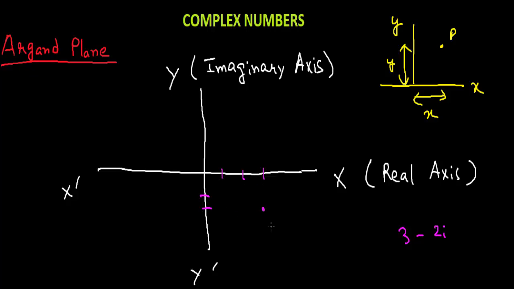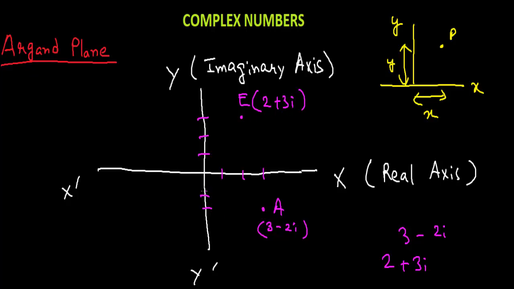So this will be 3 minus 2i. This is how you represent it here. Suppose the point A is another complex number, 2 plus 3i, so 1, 2, 3 and 1, 2 here. Suppose the point E, 2 plus 3i, and so on.